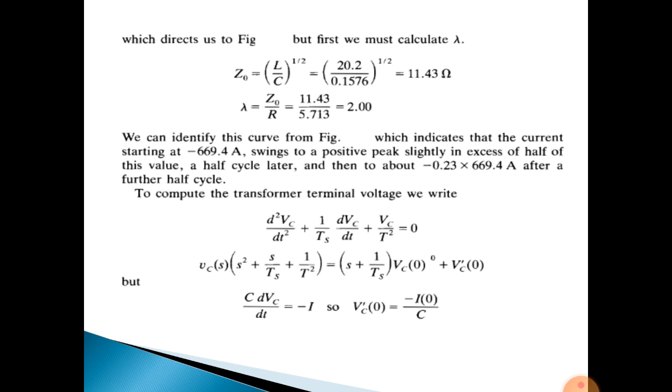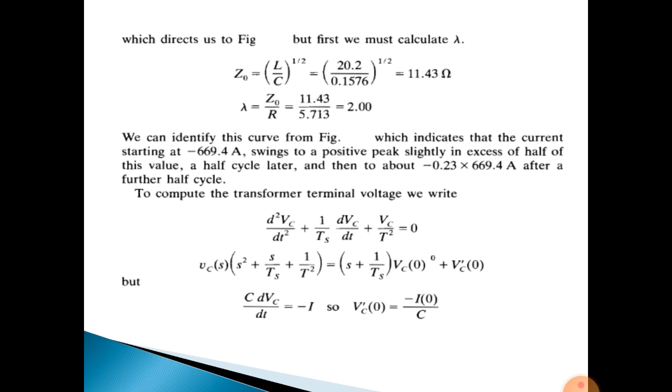And next, compute the transformer terminal voltage. We can write it as d square Vc divided by dt square plus 1 by Ts dVc divided by dt plus Vc divided by T square is equal to 0.